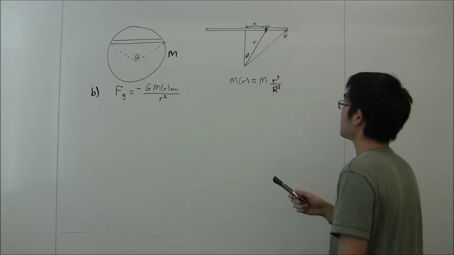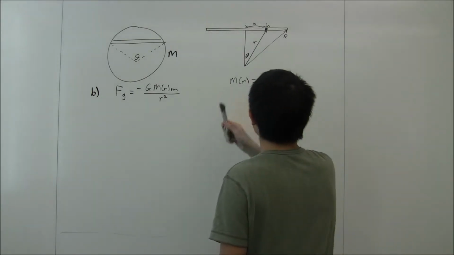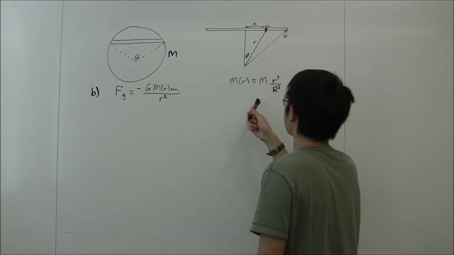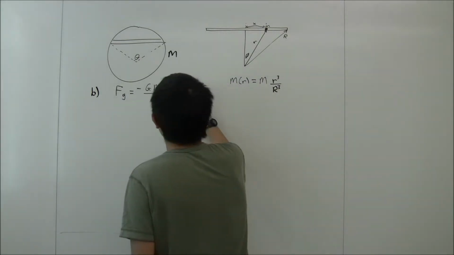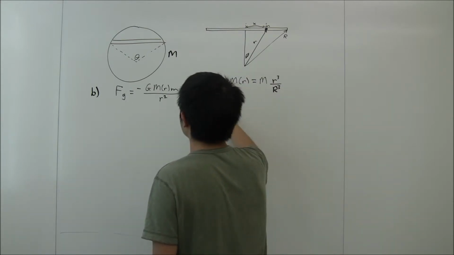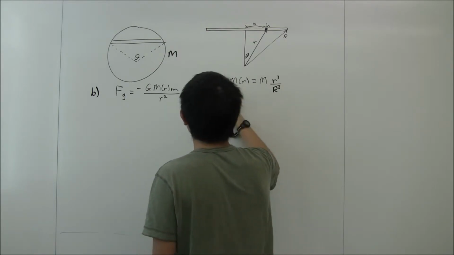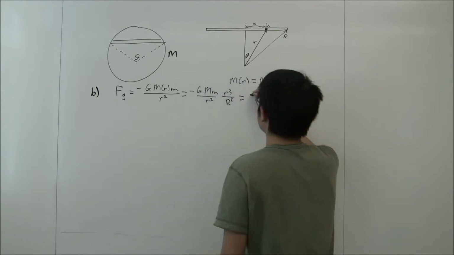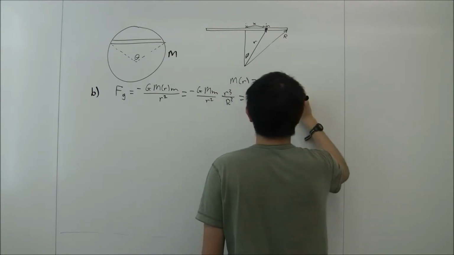So the mass of the asteroid as a function of little r is going to be big M times little r cubed over big R cubed. So if we substitute that in for our expression for the force of gravity, we get negative G big M times little m over little r squared times r cubed over big R cubed, which is just negative G big M little m over big R cubed times r.